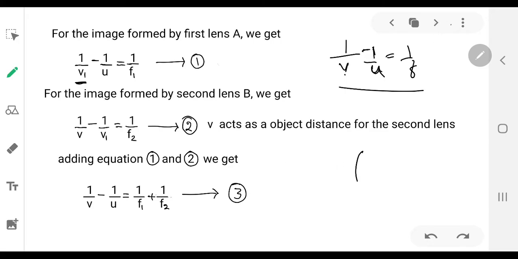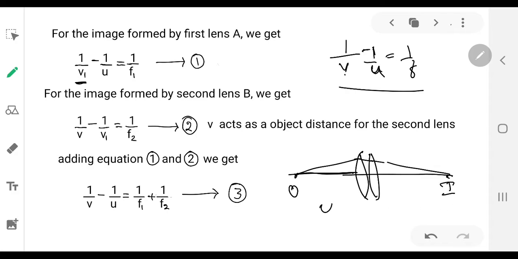Now if the combination of two lenses, here is the object placed, and after getting refracted through both the lenses, here is the final image that is going to be produced, with this being the u value and v value for the system of two lenses.